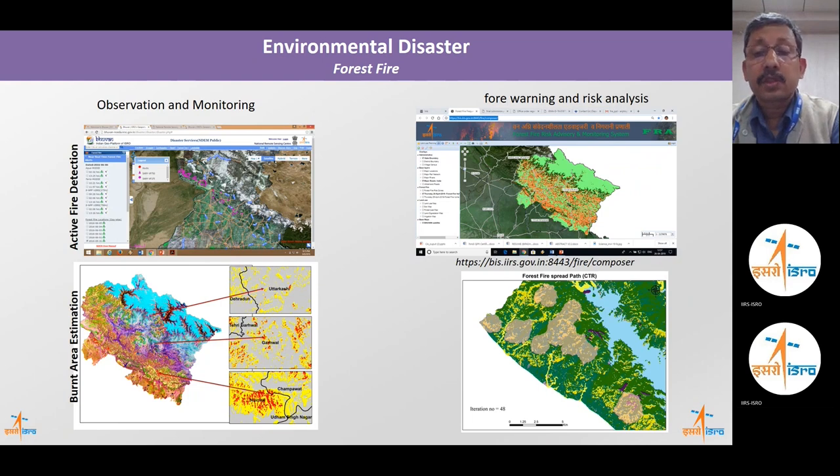So using a combination of these three models, we have been able to develop a very good forest fire spread model, and it is pretty accurate. It has an accuracy of more than 80%.